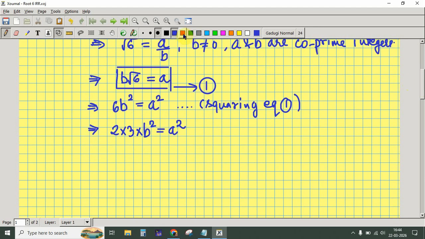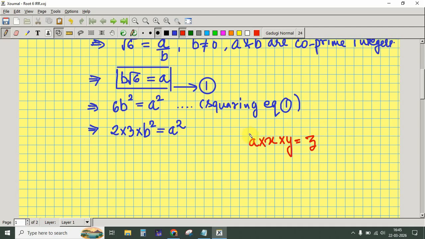Now I'm going to use the definition: like this, x into y. After multiplying these two numbers I get, let's say, z. So this implies x divides z, y divides z. If I have one more number a, the multiplication of three numbers is a single number z.